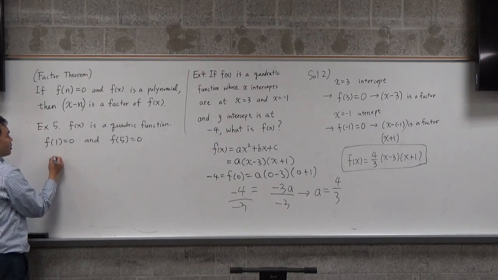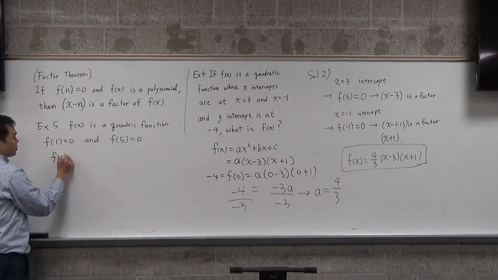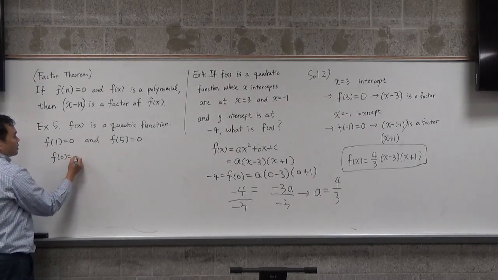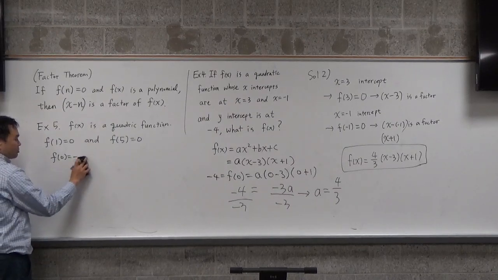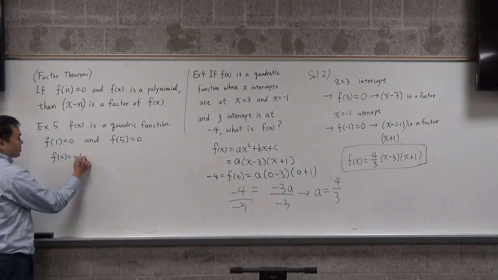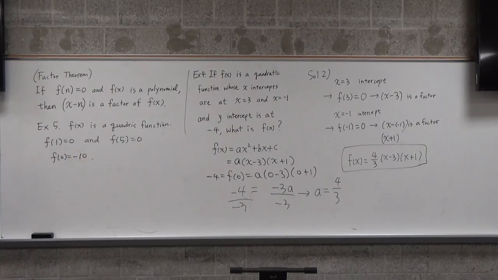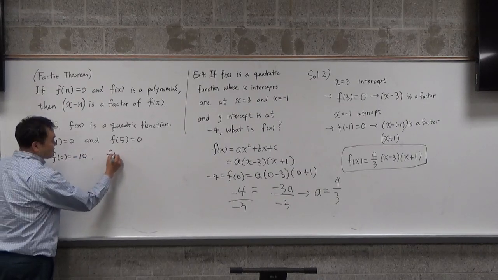And also, you have f of 0 equals negative 4. And let's not put negative 4 because we had negative 4 before. Let's say negative 10. What is f of x?